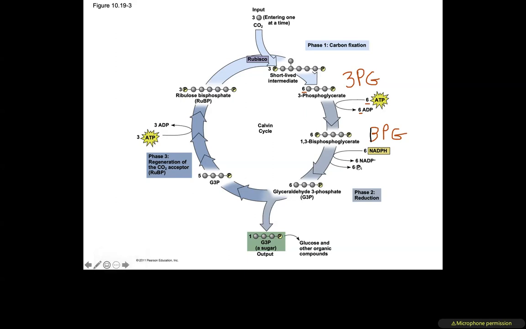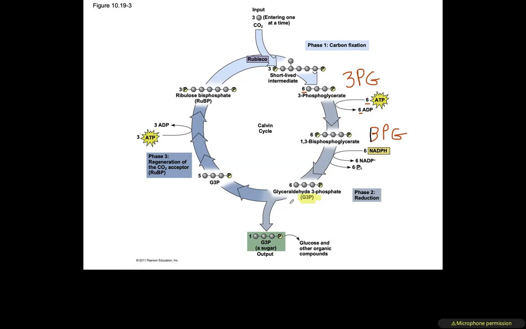So I'm going to go ahead and highlight. Well, yeah, I do want to highlight that one. It's called G3P. So we went from 3-PG to BPG to G3P. Yeah, say that quick. Well, there's 6 of them, 6 G3Ps, glyceraldehyde 3-phosphate. So your glyceraldehyde 3-phosphates, they are partial sugar molecules.